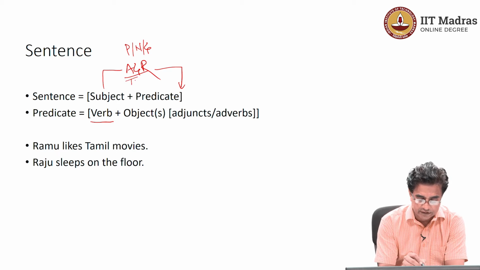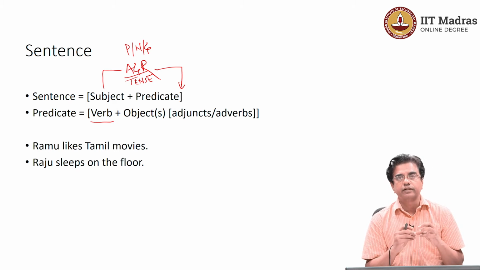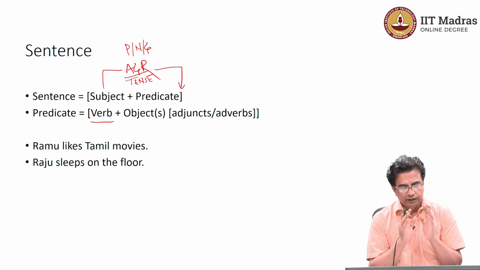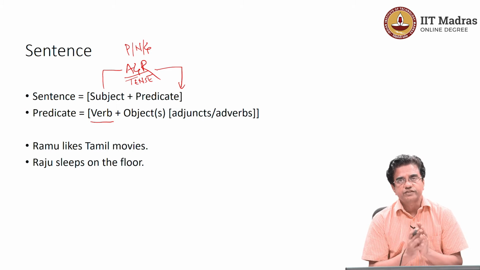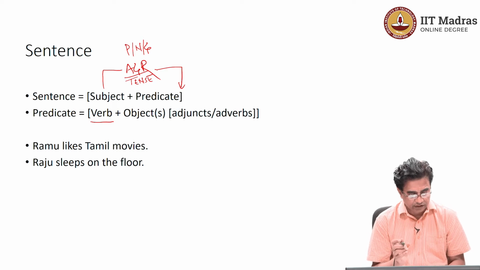Also, we need tense. So, these are the invisible functional elements which combine the two parts together. This happens to all sentences in English.